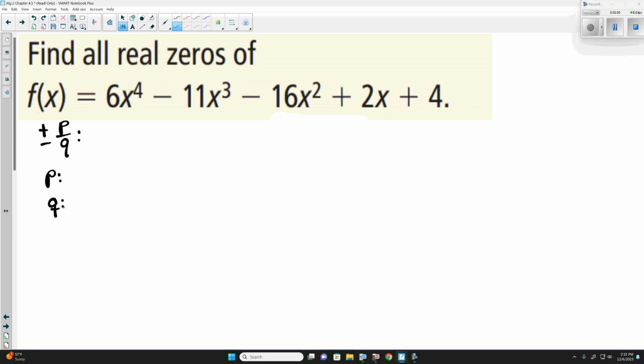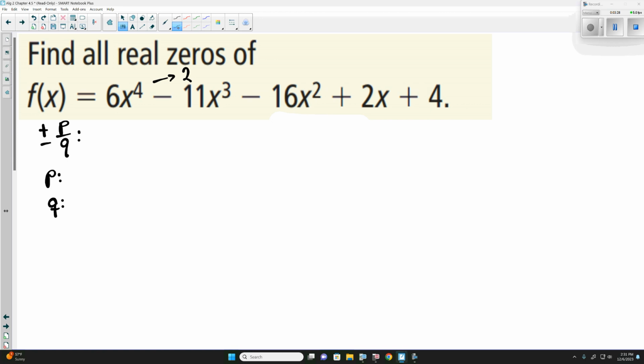So, plus or minus p over q. So we're going to find the rational zeros. And what we're hoping to find with the rational zeros is at least 2. Because if we can find 2 solutions with our rational zeros, we can take it from a degree 4 down to a degree 2. Because if we find 1, it will take it from a degree 4 to a degree 3. We find a second, from 3 to 2.